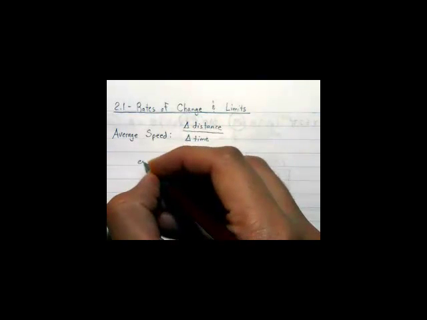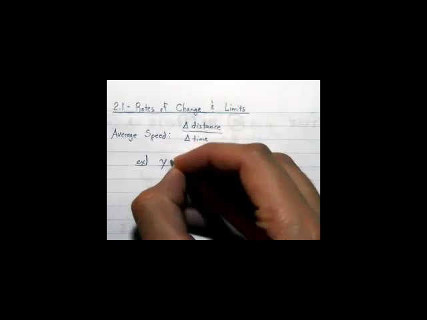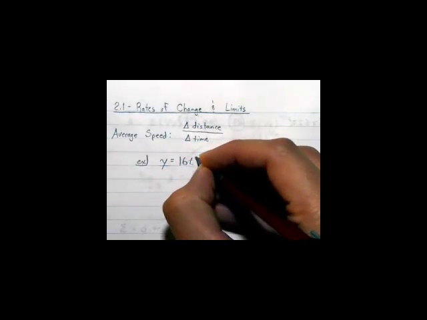Okay, so let's say that I've got an equation for my distance that is 16t squared. When objects are in free fall, this equation might look familiar, but when objects are in free fall, they tend to follow this kind of an equation, 16t squared.